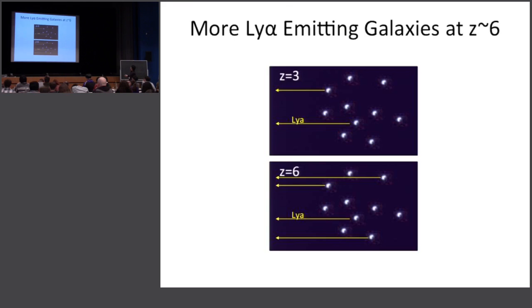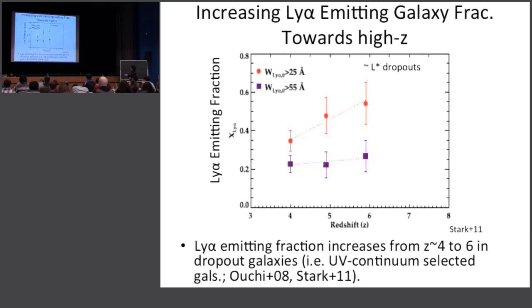In other words, at redshift 6 for L-star dropouts, about a half of the dropout galaxies have a Lyman-alpha emission line. So it's surprising.